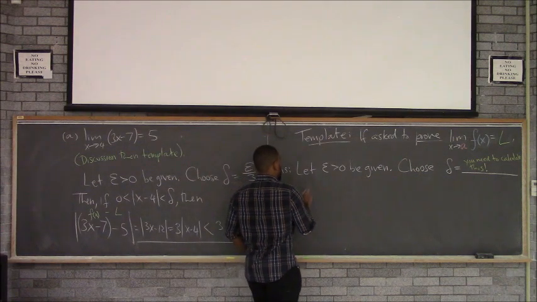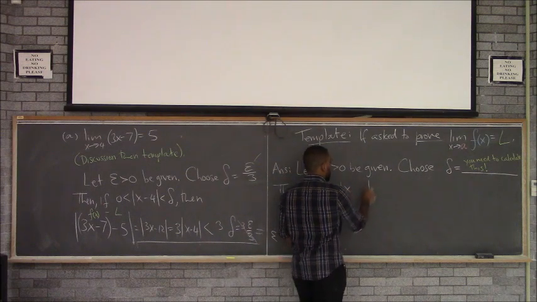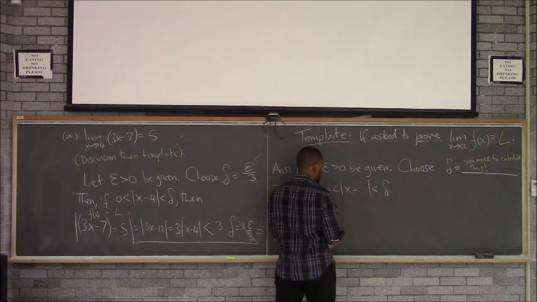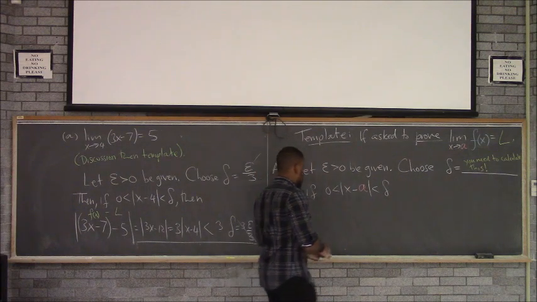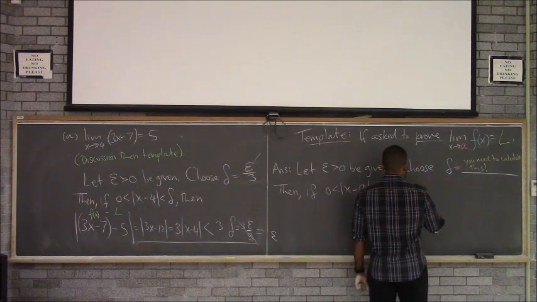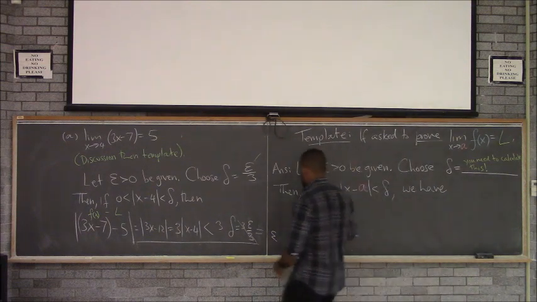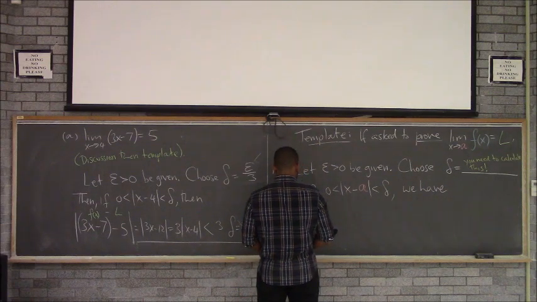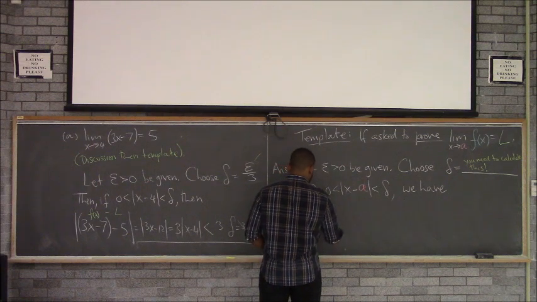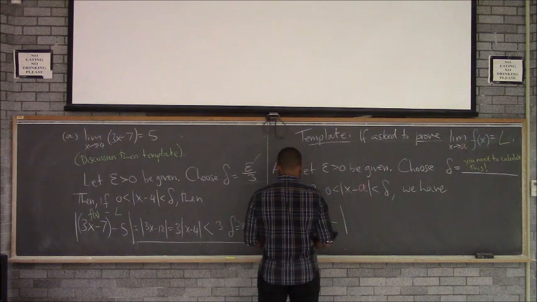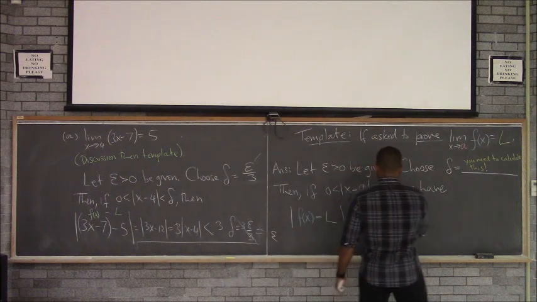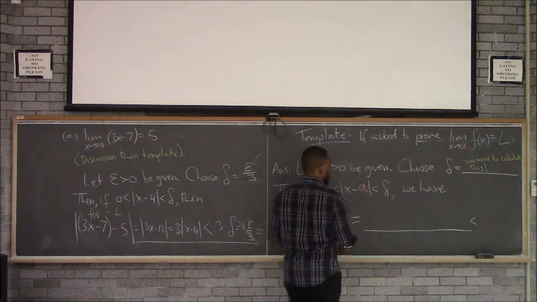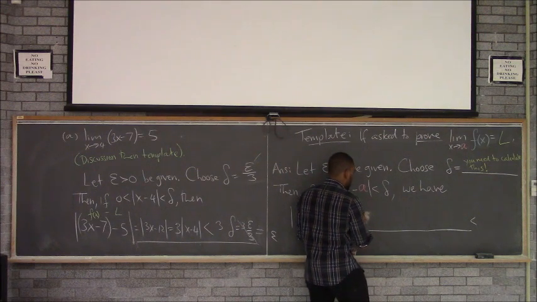Then, if x minus the a, so you're going to take the number that was there, and put it here, is less than delta, we have, now you're going to write down your f of x minus, you're going to plug in the L, equals, you're going to do some calculations based on delta.